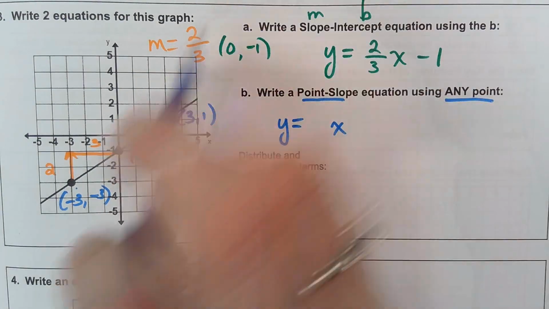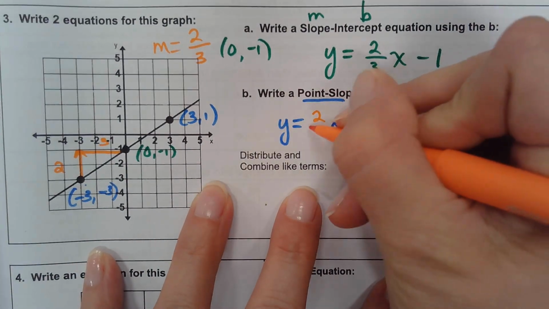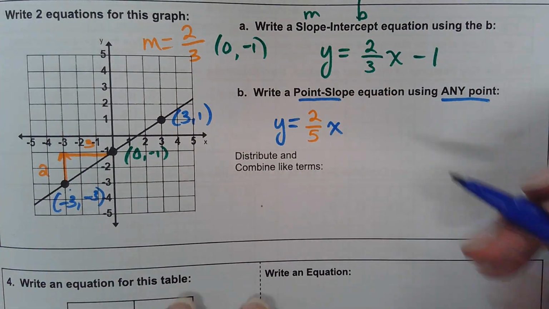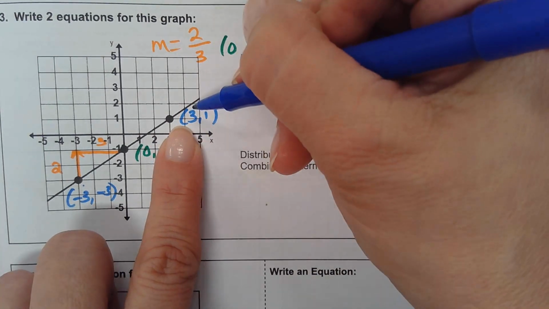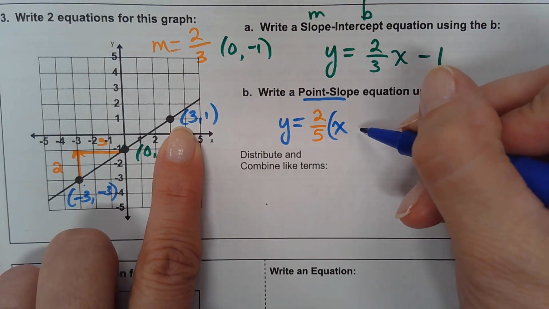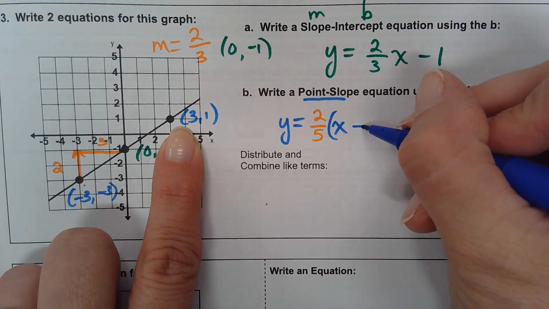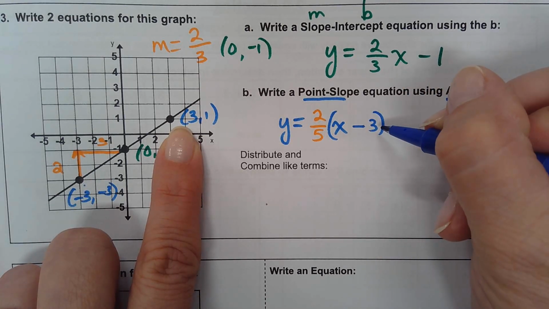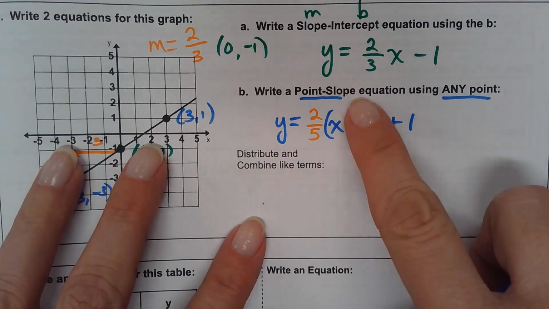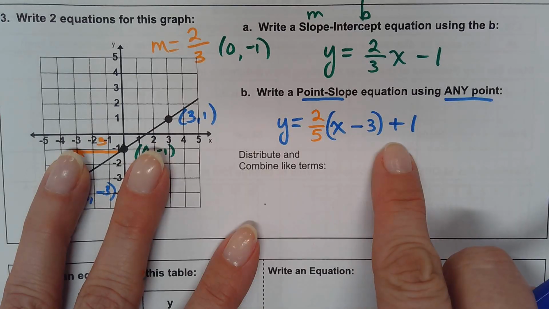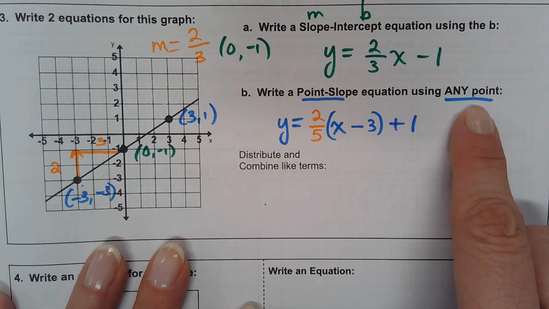The slope. The slope must go in front of the x. And now I'm using this point. Since that is +3, what do I put here? -3, plus 1. That is a point-slope equation using any point.